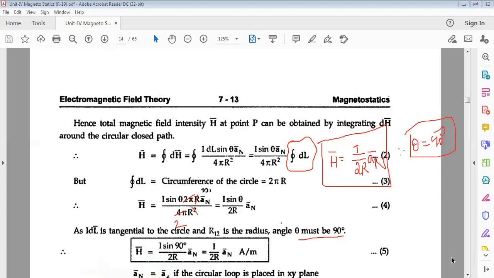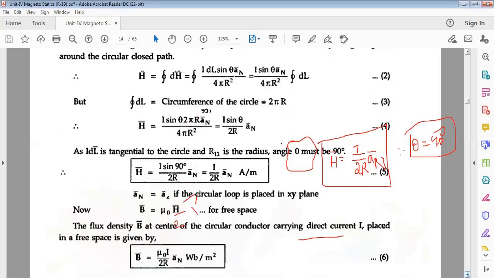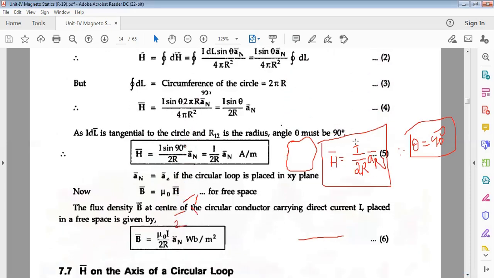Got it, my dear students? And B bar is equal to mu naught I by 2r a n bar Weber per meter square. Got it, my dear students?